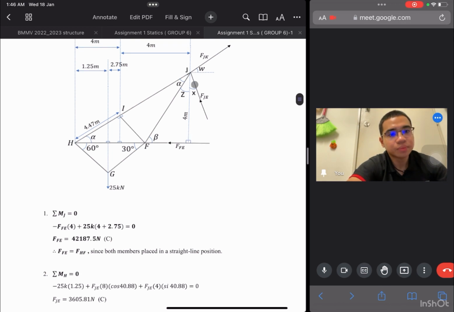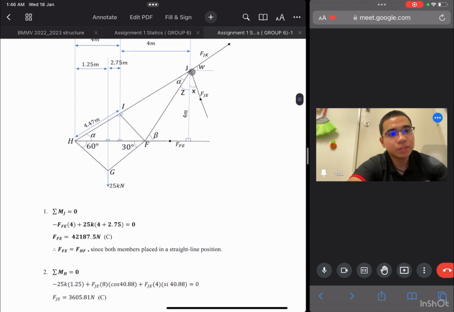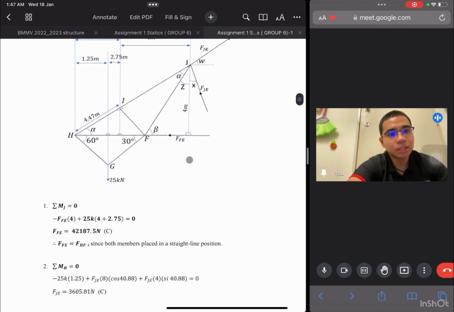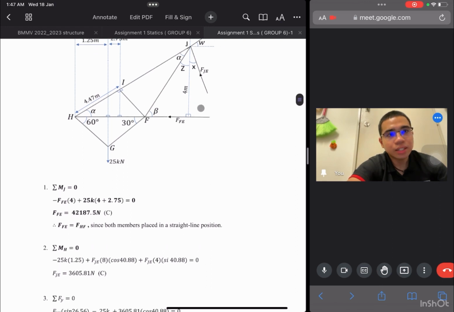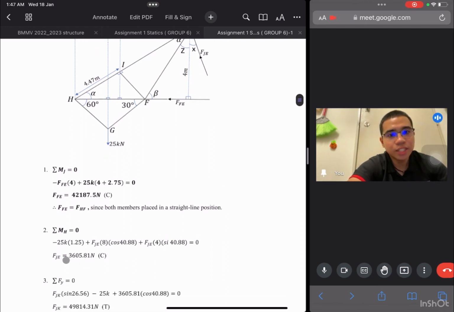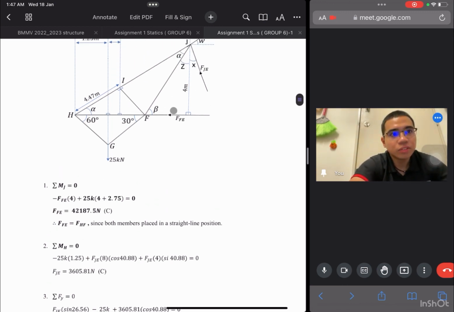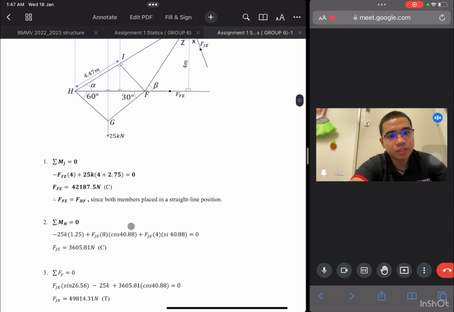And for the sine, where the horizontal force for JE equal to sine 40.88, where from here x equal to 40.88, multiplied by 4, where 4 is the perpendicular distance. And so we can get that FJE equal to 3,605.81 Newton. From the direction, we can see that the force actually is a compression force.